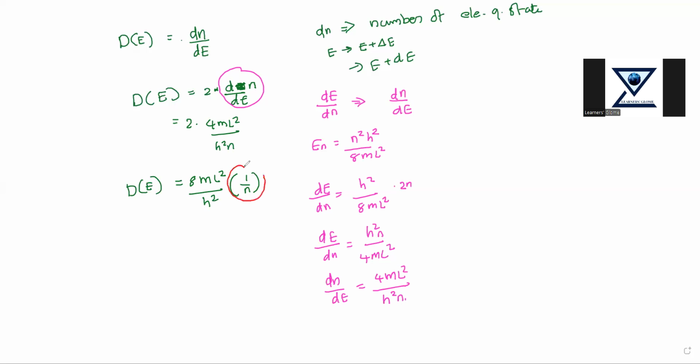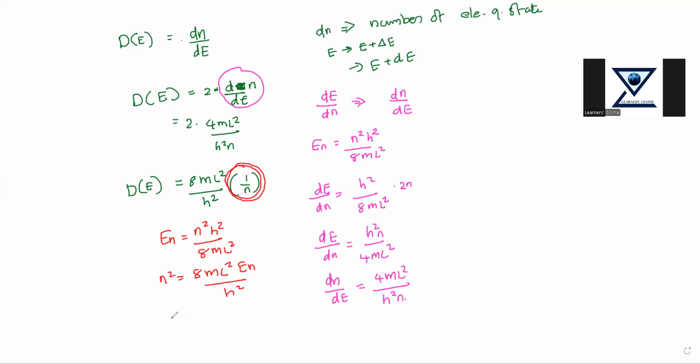Now, if needed, we can substitute 1 by n again from the equation of energy. That means En is equal to n square h square by 8 ml square. Rearranging, n square is equal to 8 ml square En by h square.